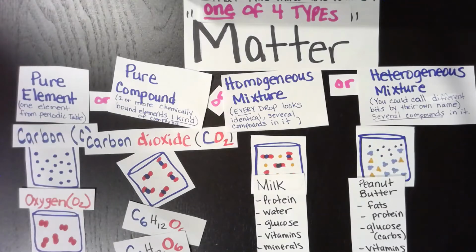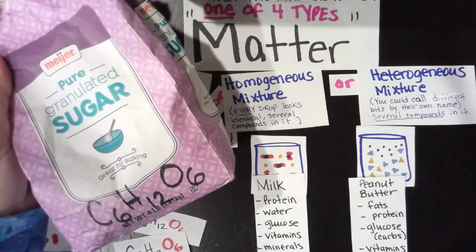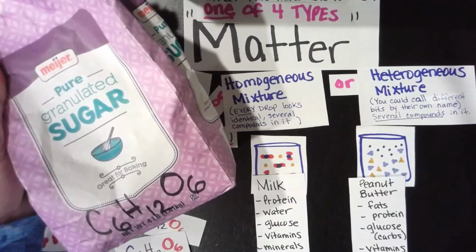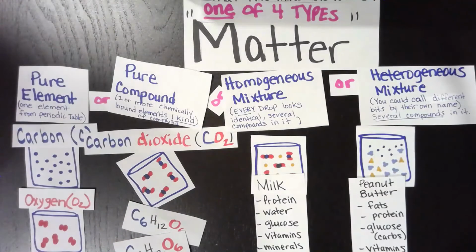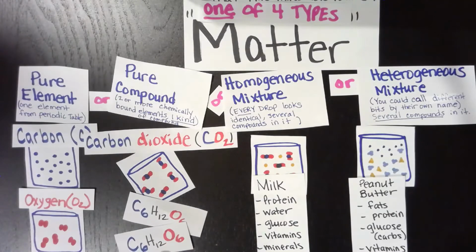Our next example would be the sugar that I showed you earlier. Everything in here is C6H12O6. That's the formula for glucose, and that would be a pure compound. You have carbon, hydrogen, and oxygen all bound together, but there is only one kind of molecule, C6H12O6.